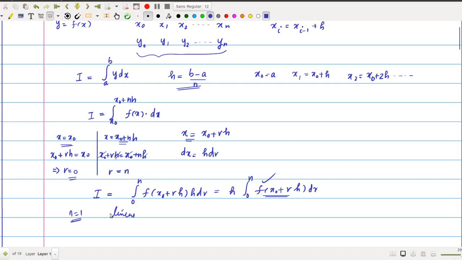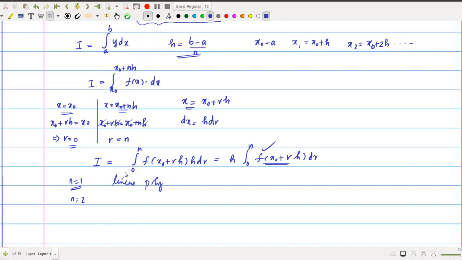If n is equal to 1, we use a linear polynomial to evaluate this. Similarly, if n is equal to 2, we use the second degree polynomial, and so on. So the other three formulas are obtained by considering the special cases of this general formula.